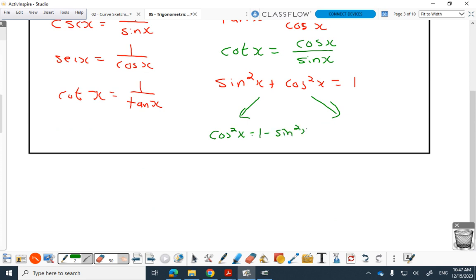Stare at that long enough to convince yourself that I did basically nothing there. I moved the sine squared over to the other side, or I moved the cos squared over to the other side. You'll find those very valuable.